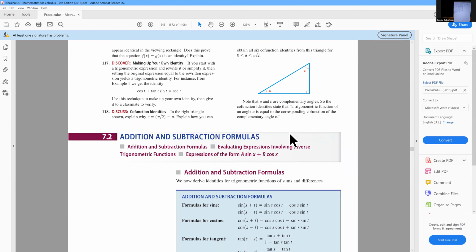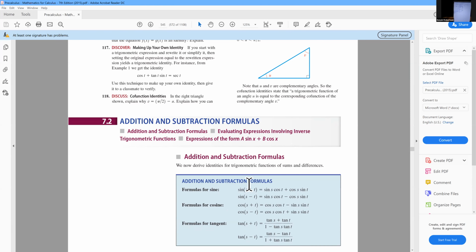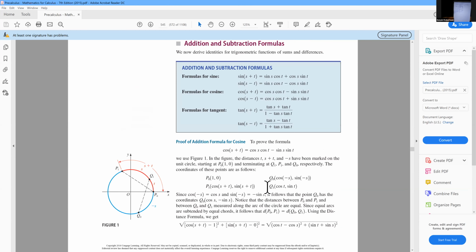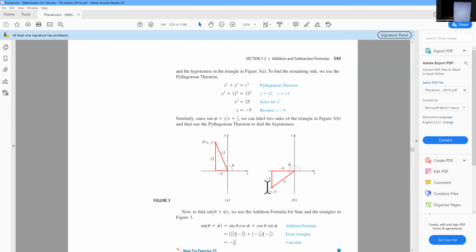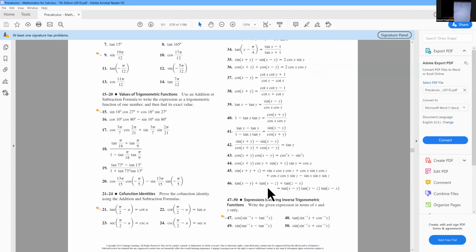Here are a whole load of formulas I've been using today for the sine, cosine, and tangent. I've been calling them A and B, and they've called them S and T, but that's just cosmetic. They have good examples there. If you want to see more examples of that process being done, I strongly suggest you do that.